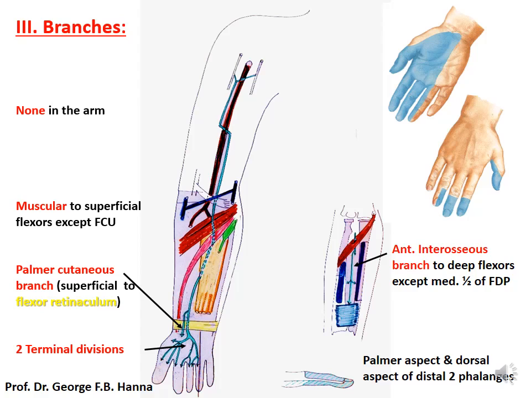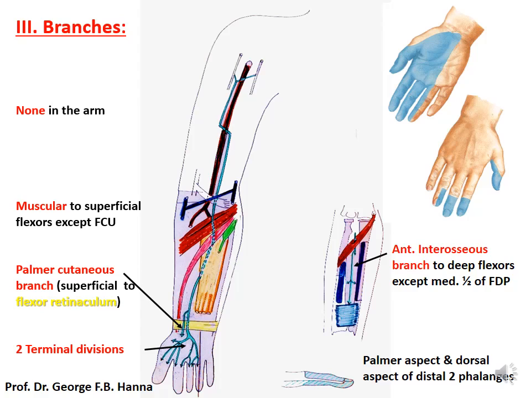But in the forearm also, the median nerve gives only one cutaneous branch, which is the palmar cutaneous branch, supplying the lateral 2/3 of the palm. So in the forearm, it seems that the median nerve is mainly motor and only one cutaneous sensory branch.